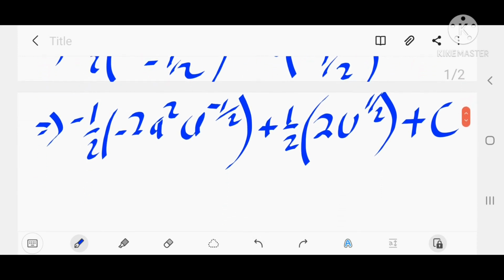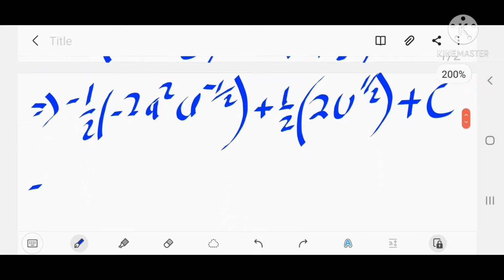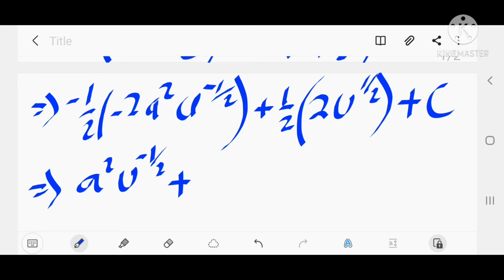So we have a squared u exponent negative half, plus u exponent half, plus c.